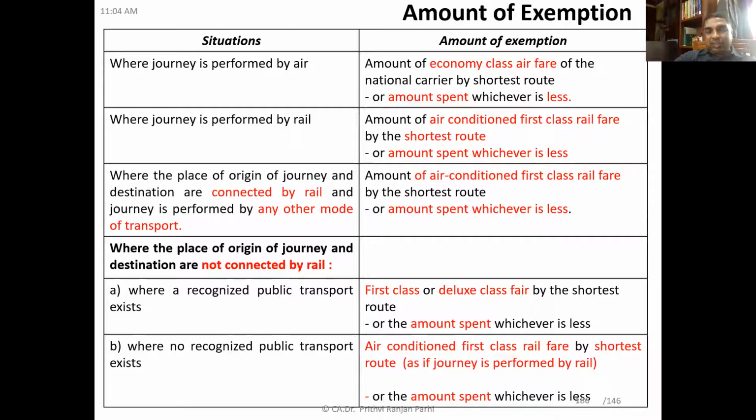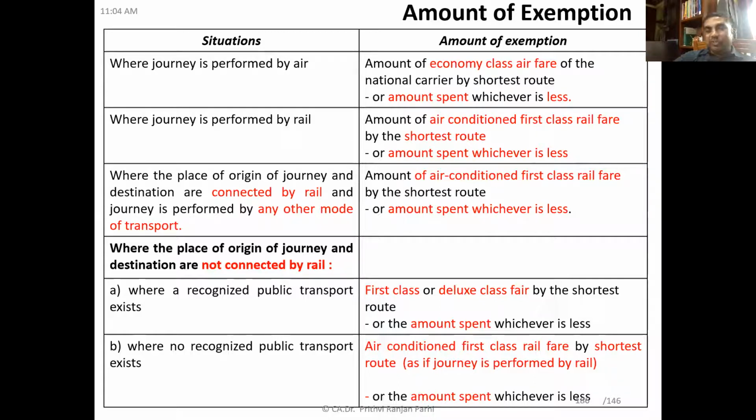Where the place of journey and the place of destination are connected by rail and journey is performed by some other mode of transport. Let us say both the places are connected by rail, but employee is going by his car. That means some other mode. Then how much will be exempt?